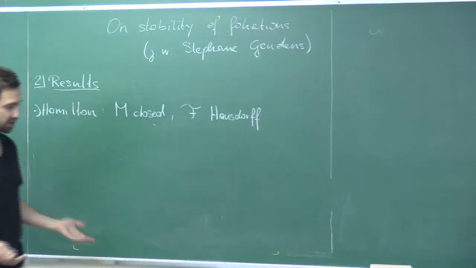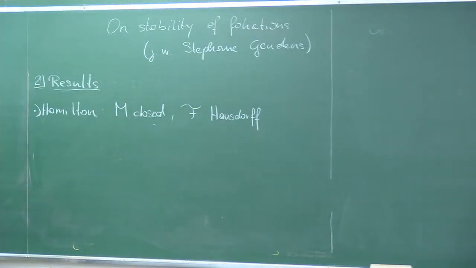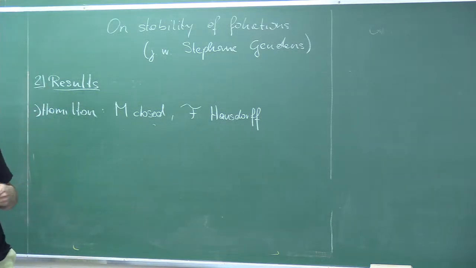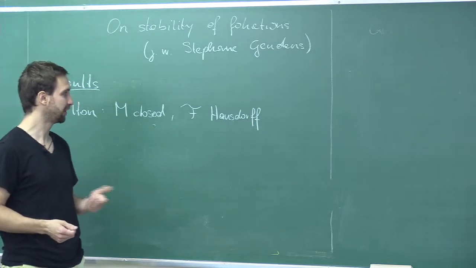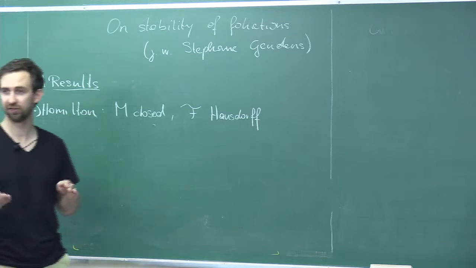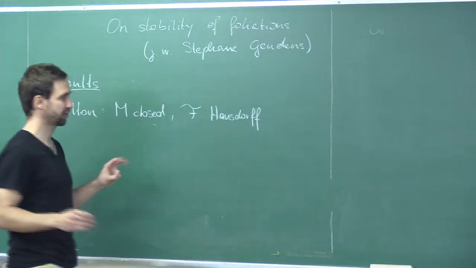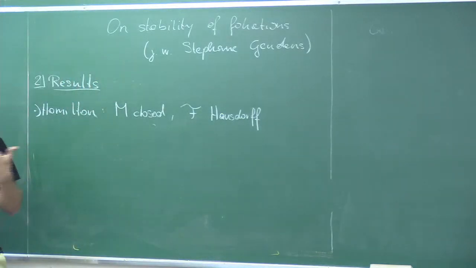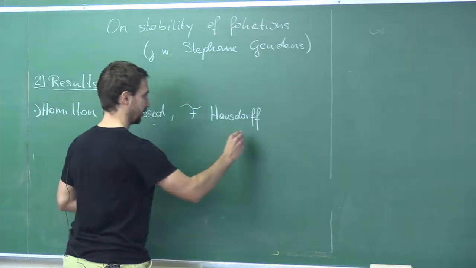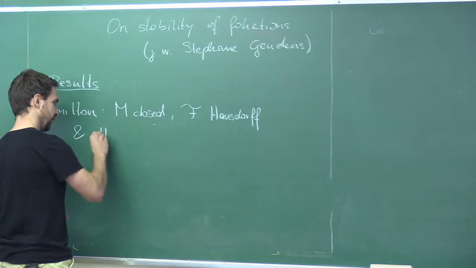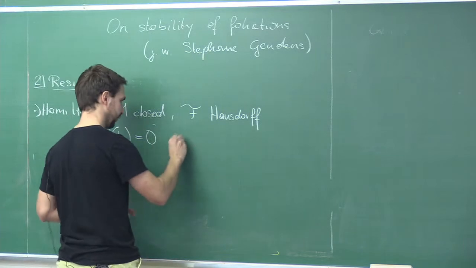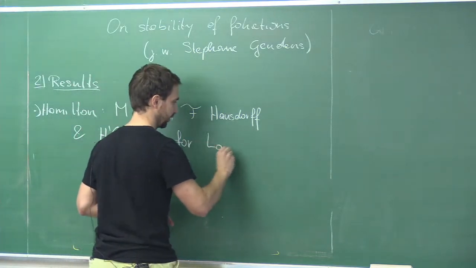For such foliations, it is well known that all the leaves have finite holonomy, and most of them have trivial holonomy, meaning there is an open dense saturated set of leaves with trivial holonomy. That's what's called the generic leaf, and the assumption here is that the first cohomology H1 of L0 is 0 for L0 the generic leaf.